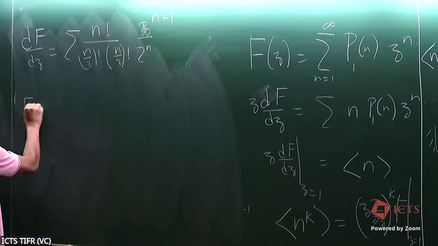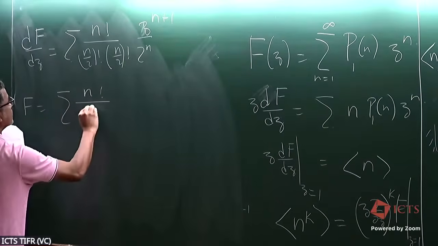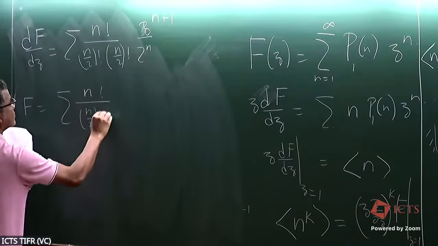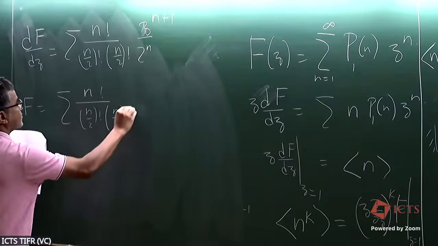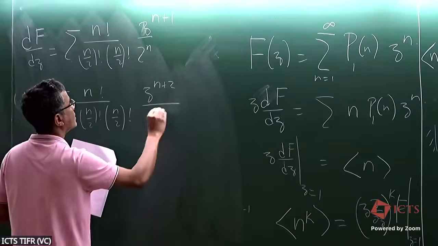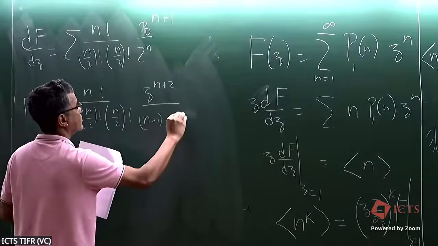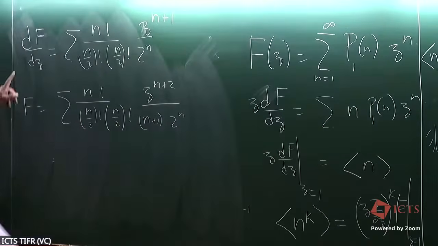Therefore f is, just integrating, I'll get z to the power n plus 2 by n plus 1.